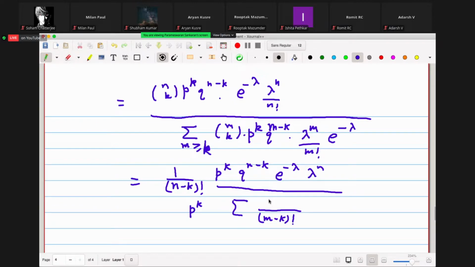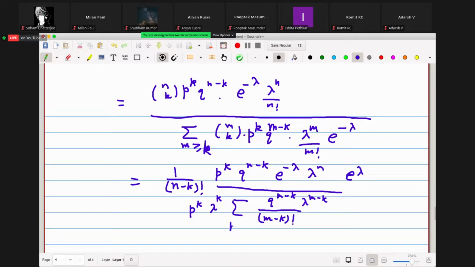Q power m minus k, we just keep it as m minus k, and lambda power m, I write lambda power k here, I think it is better to write like that, and here lambda power m minus k, and then e power minus lambda. Maybe that e power minus lambda will get cancelled with this e power minus lambda. So at the moment write e power lambda.